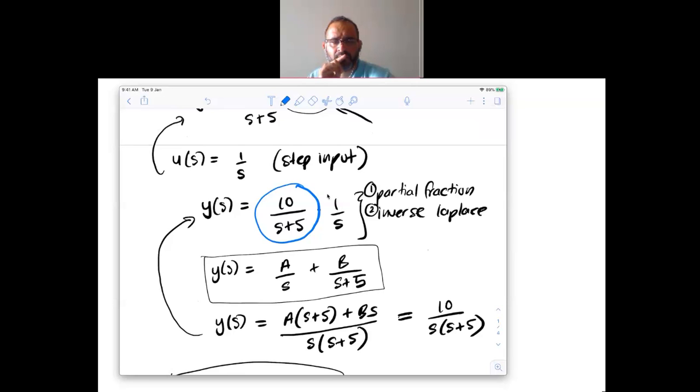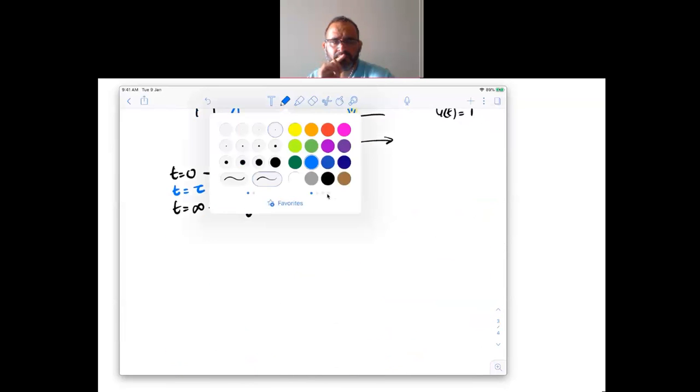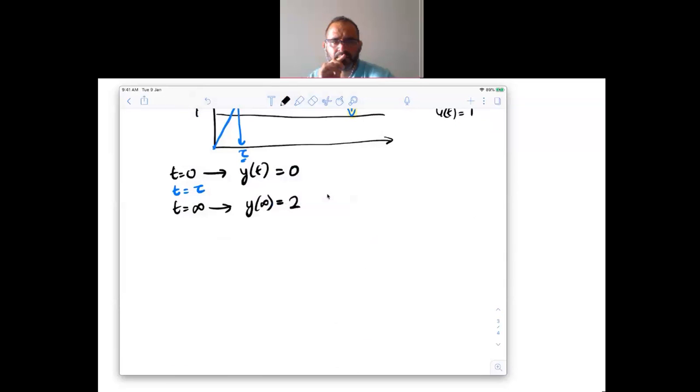Let me show you what happens. Initially we had our system Y(s) as 10 over s plus 5. I multiply with U and then I get the response, but actually the stability is determined just by looking at this value.